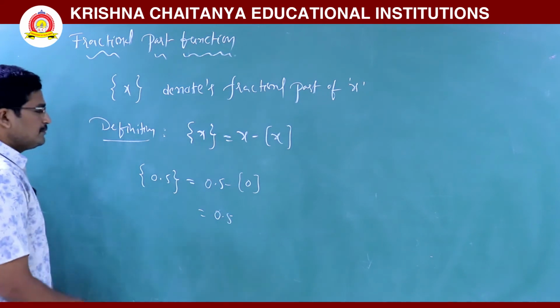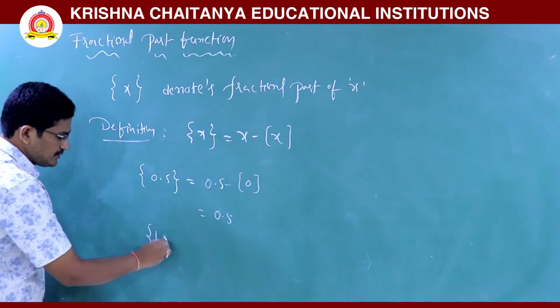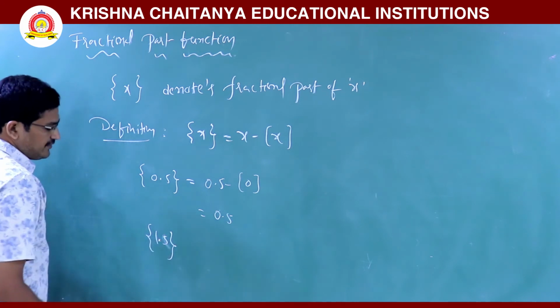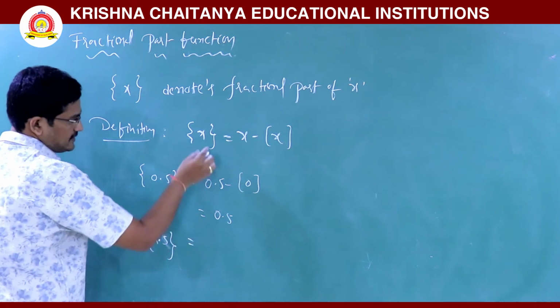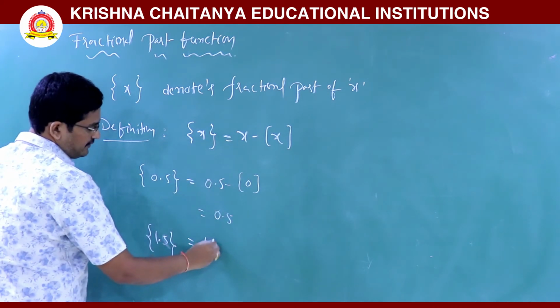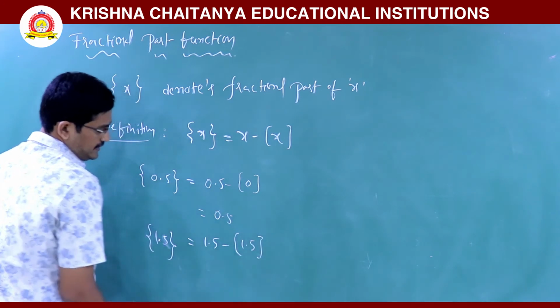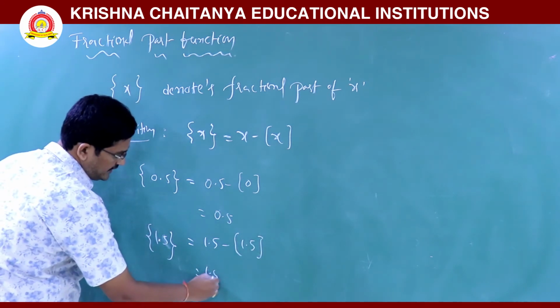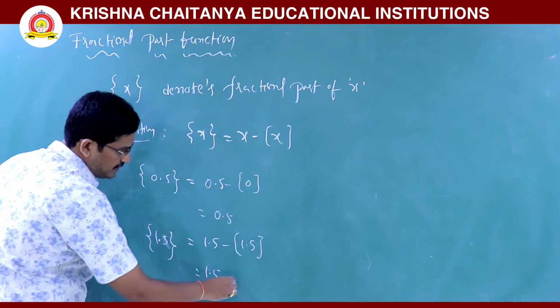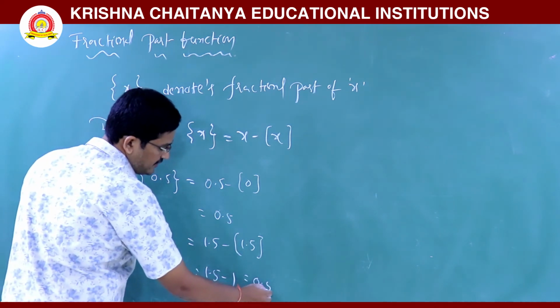What is the fractional part of 1.5? It is 1.5 minus step of 1.5, which is 1.5 minus 1, and that is also 0.5.